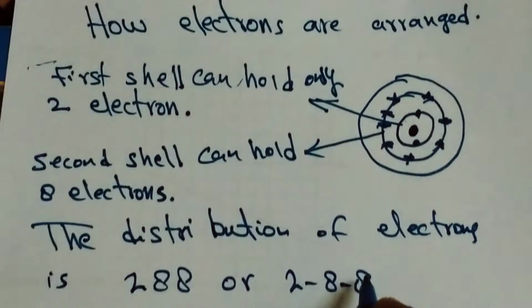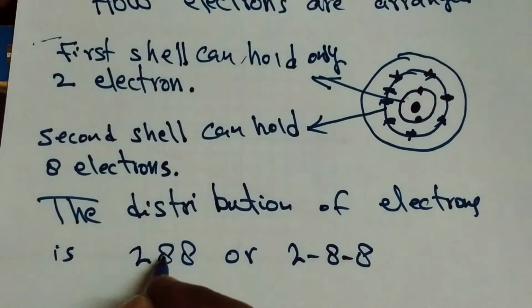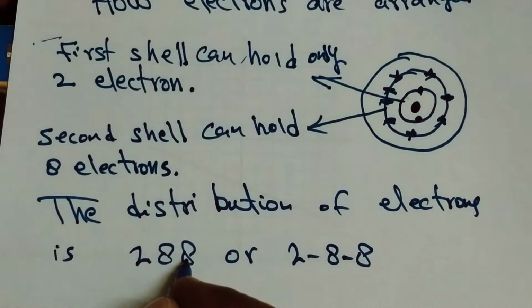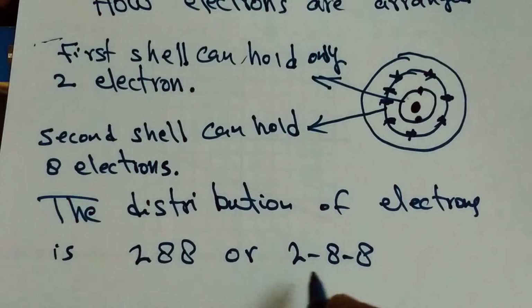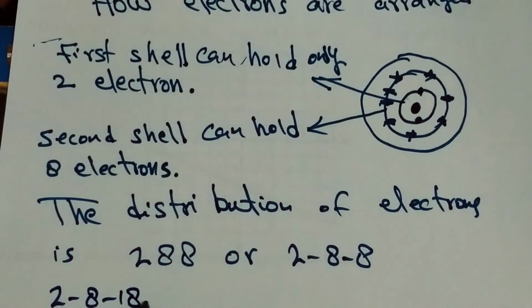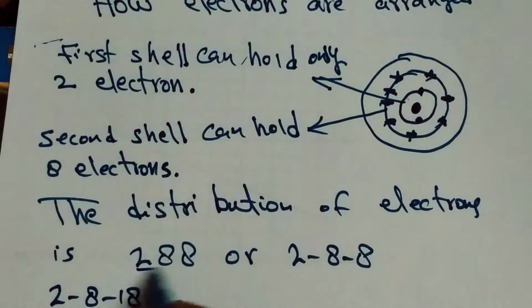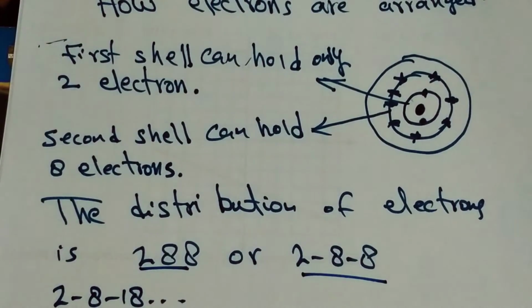Anyway, you can write it. So the first shell will have 2, the second one 8, then again 8, and so on. Or it will sometimes be 2, 8, 18, and so on. So mostly we will use 2, 8, 8.